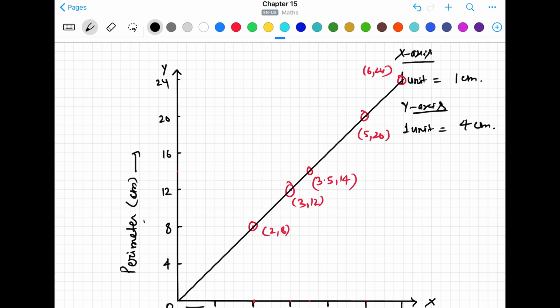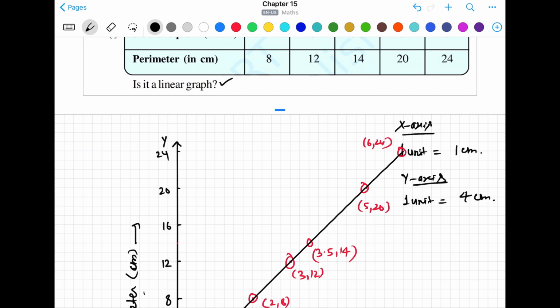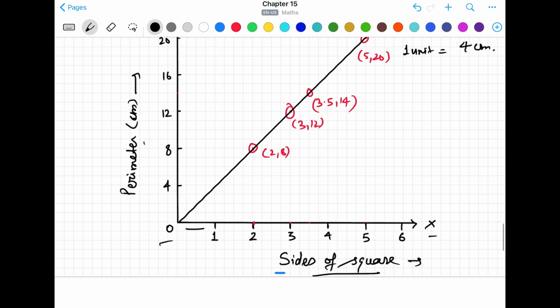By connecting them with a straight line, we are able to join all the points. The question asks, is it a linear graph? The answer is yes, it is a linear graph. Linear means we get a straight line after joining all the points.